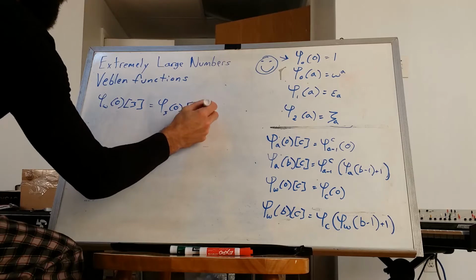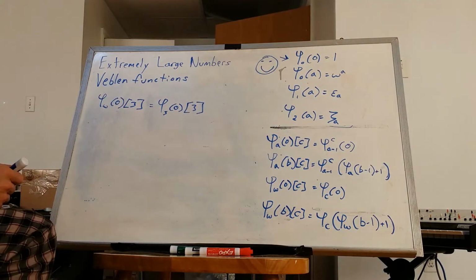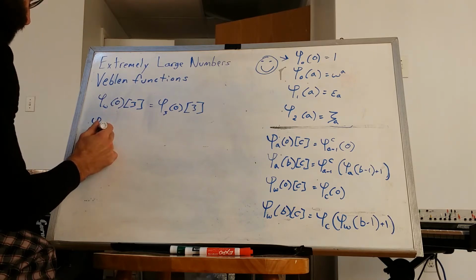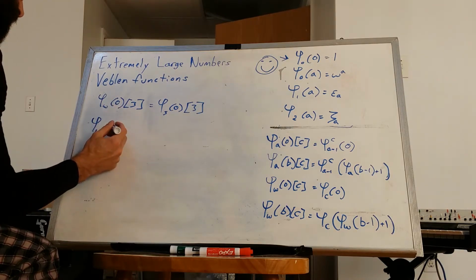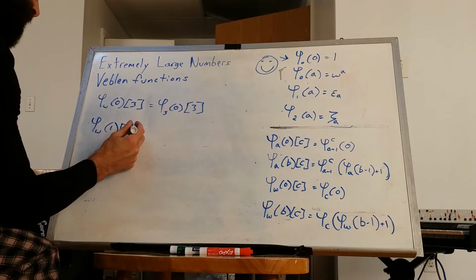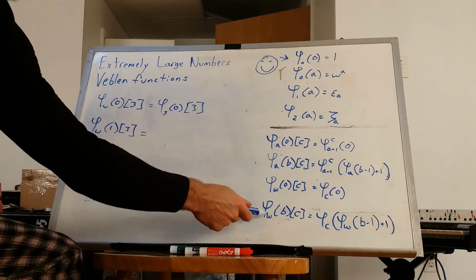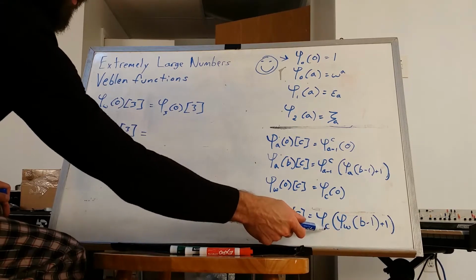Phi 3 of 0. And if we have a number in here, the rule changes a little bit, so we have to do something to get out of the fixed point trap, just like before. But it's a little bit different. It seems a little strange, but this time, when we diagonalize this, we don't do 3 copies of the function. We just do one.